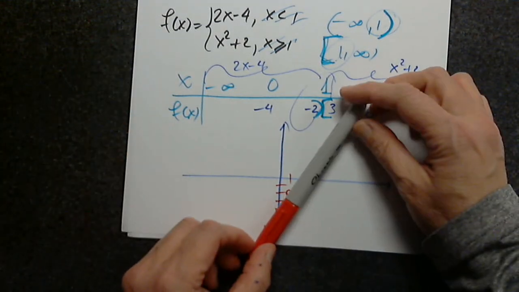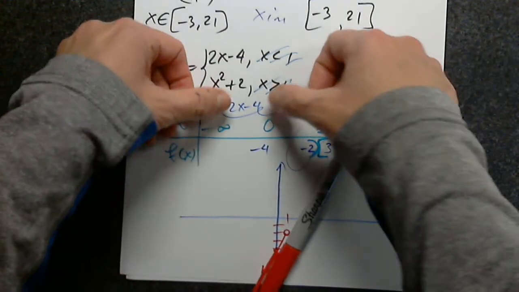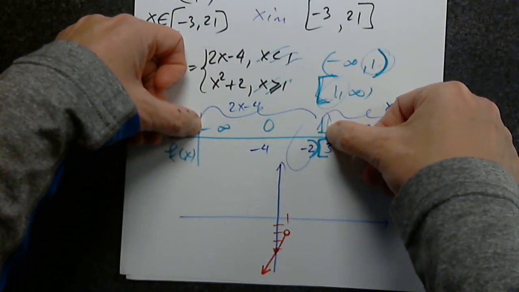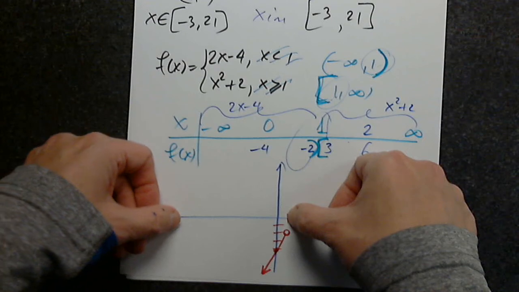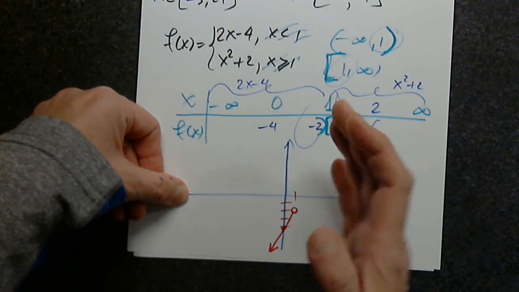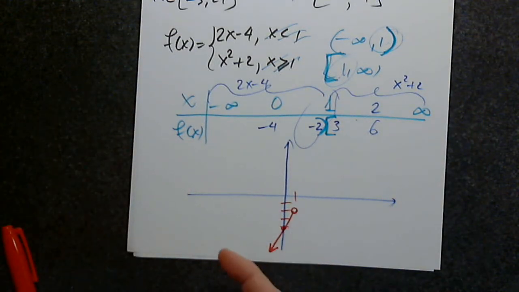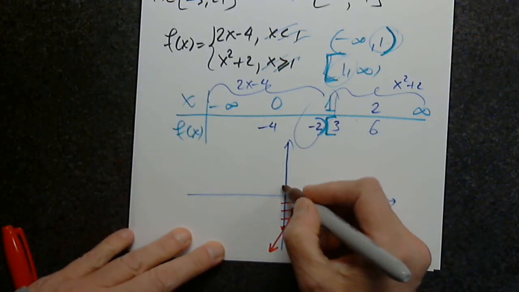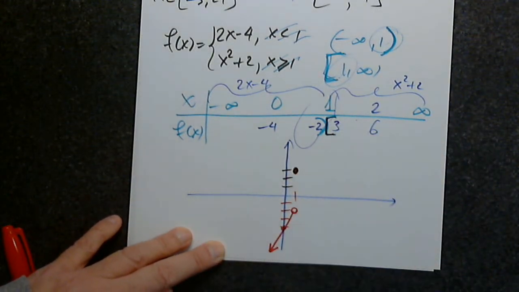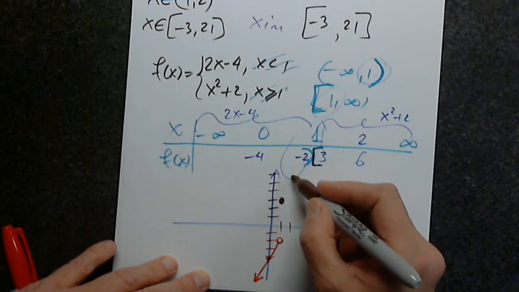If I extend this line, that will be a terrible mistake, because this line only shows between -infinity and 1. It cannot show to the right of 1. Now on the other side, I have 1, 3. Because of the bracket, I have a full point. And 2, 6 is right here.